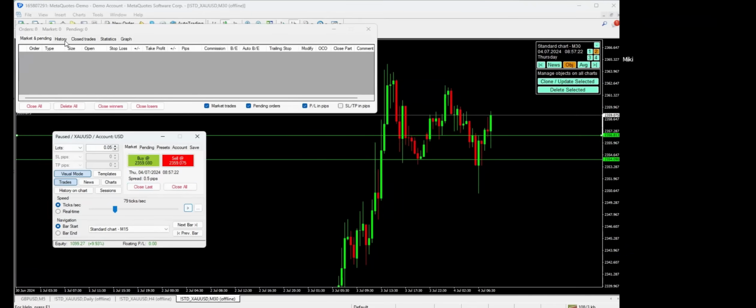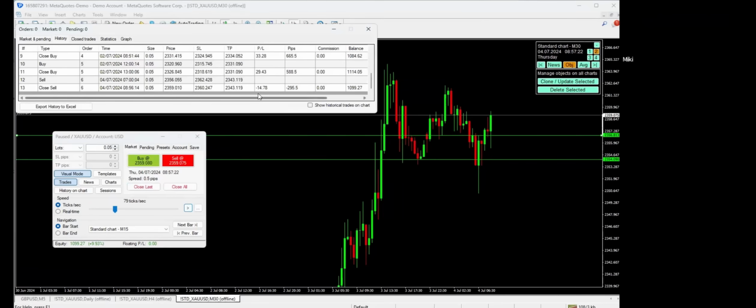Let's pause that. So that was a loss for 30 pips. Let's do minus 30. And we're back down to 9.93%. Retest after downtrend structure.